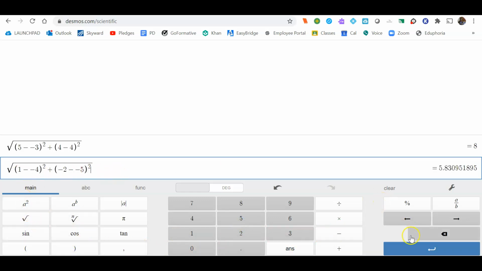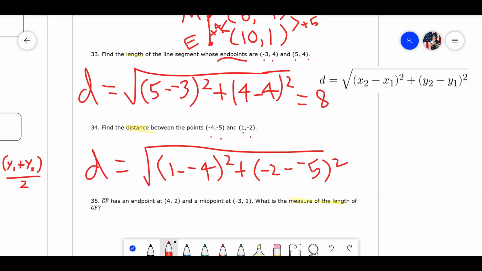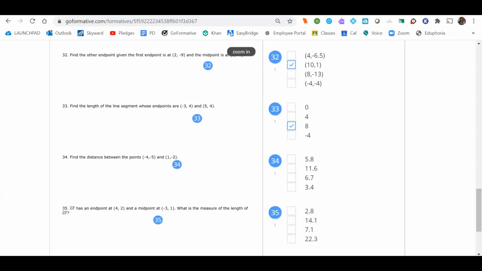Lots of stuff there, but I hit enter, and it's 5.83. So my answer for number 34 is 5.83. Closest one is there. That's it.